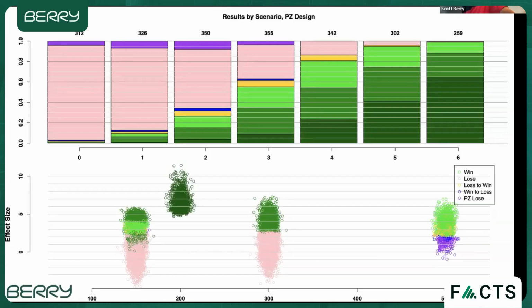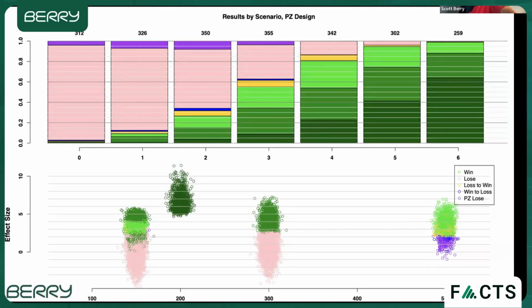Now the promising zone, the yellow ones in that scenario is moved a loss to a win. So had you run the 300 yellow, you would have lost, but the promising zone makes that a winner. Those are great in the design in that.